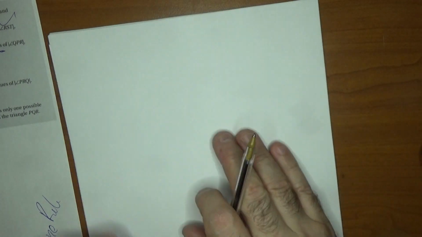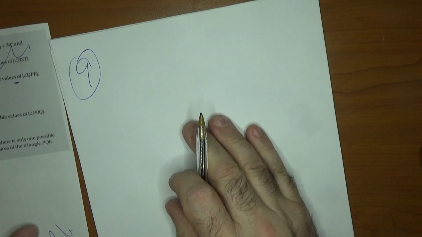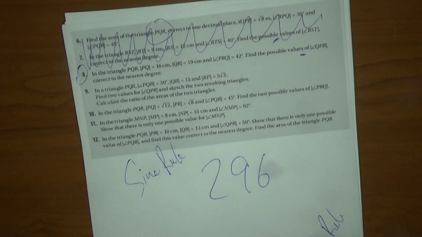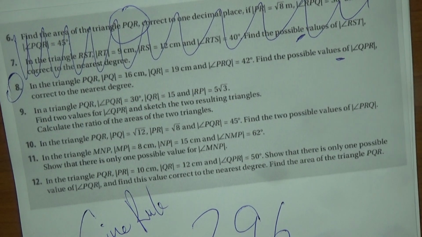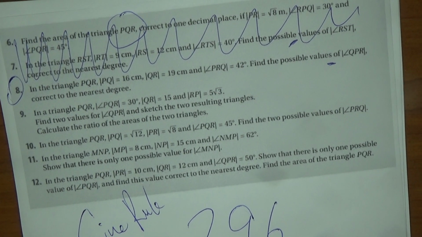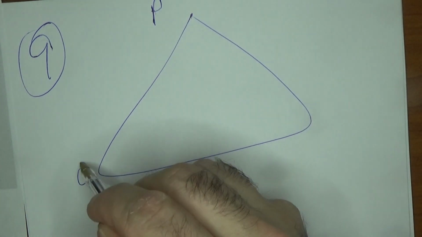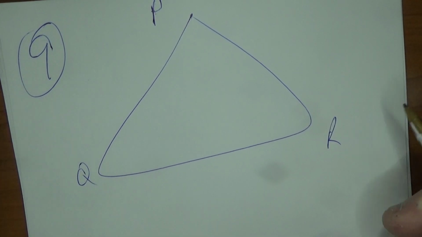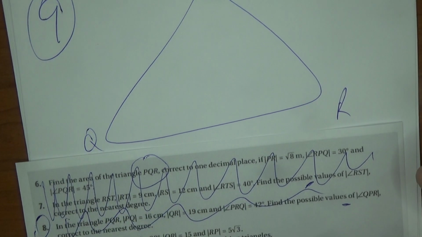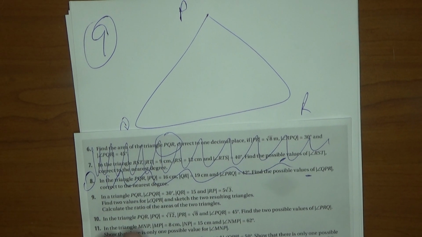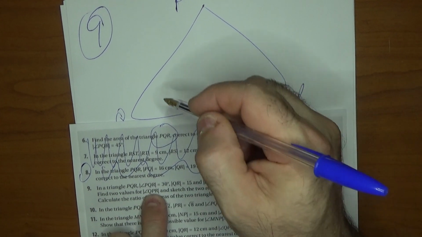Okay, we'll probably get the rest of them done here now. We'll go on to question 9. So I'll read it. You have it in front of you in your book. So question 9. In a triangle PQR, the angle at Q is 30.